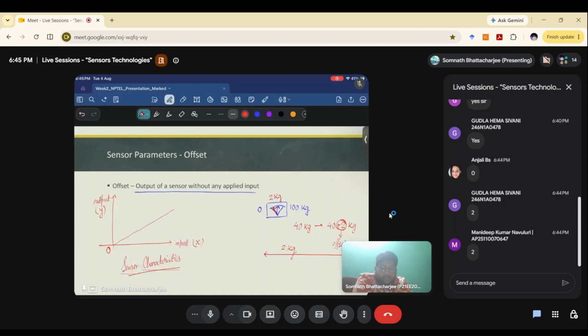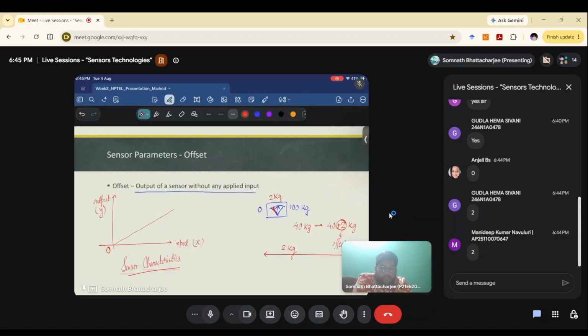Now your offset value is a. So a can be anything, right? So this is called our offset. So at x equals 0, the value of y is called the offset. If the device at x equals 0 is at the 0 point, there is no offset, and that is the optimal condition for our sensor.